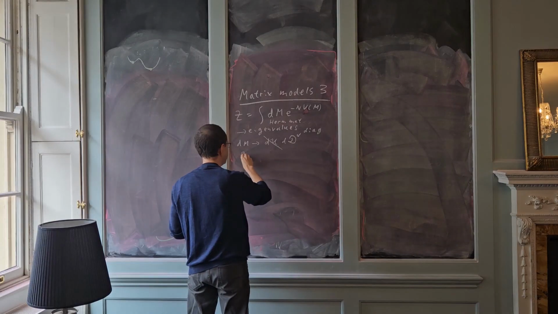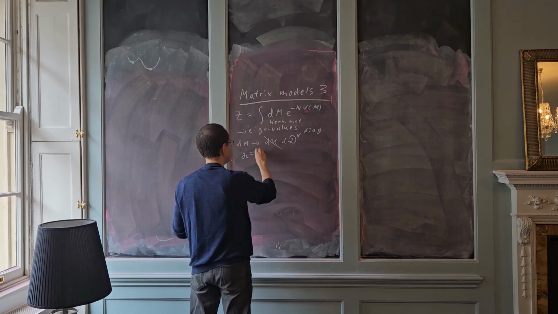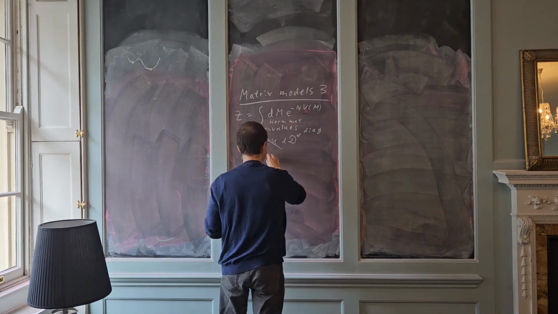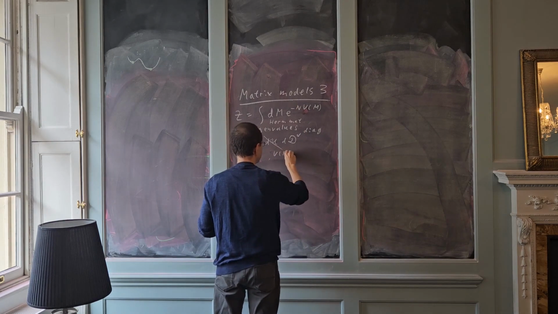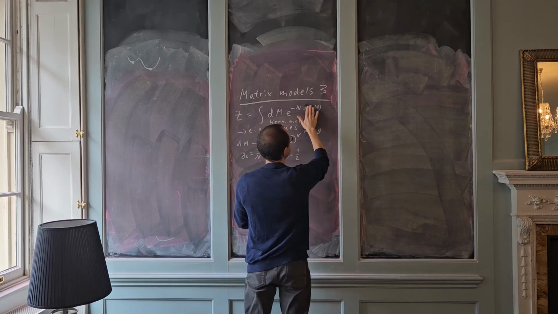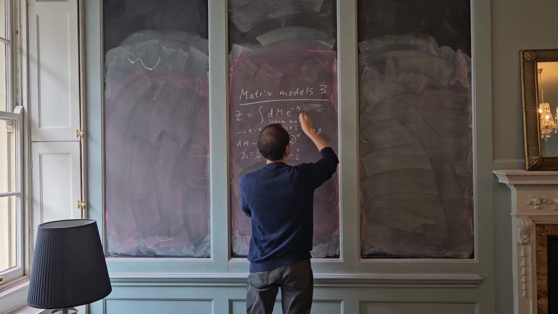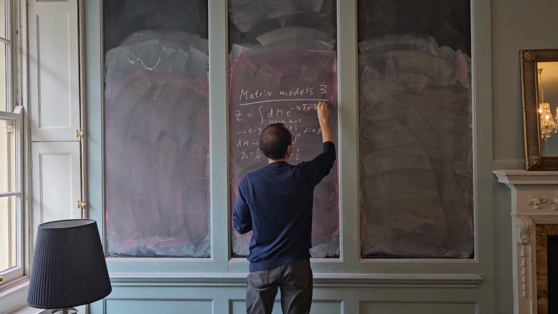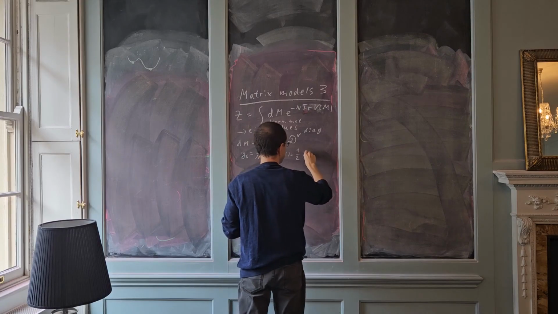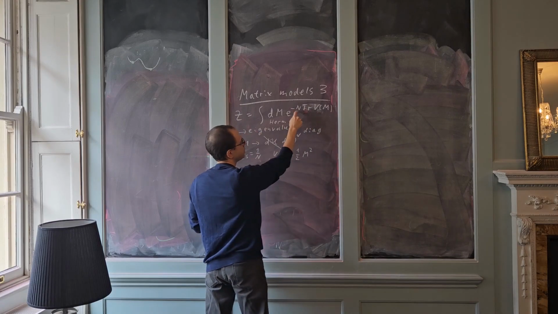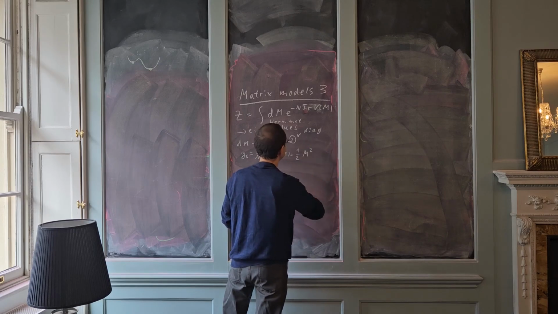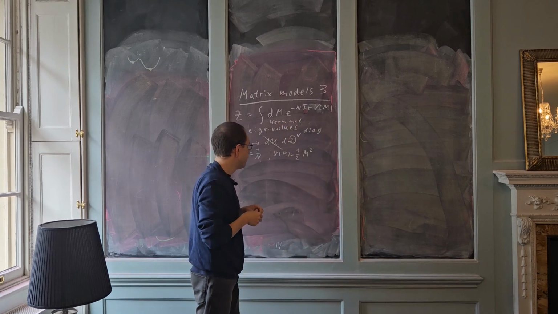I will slightly change notation to make it more standard. Previously we had g string, so we just set it to 1 over N as is standard. And this trace V of M, normally it will start with some Gaussian term, like 1/2 M squared, which will ensure with this minus sign that everything is decaying at infinity.